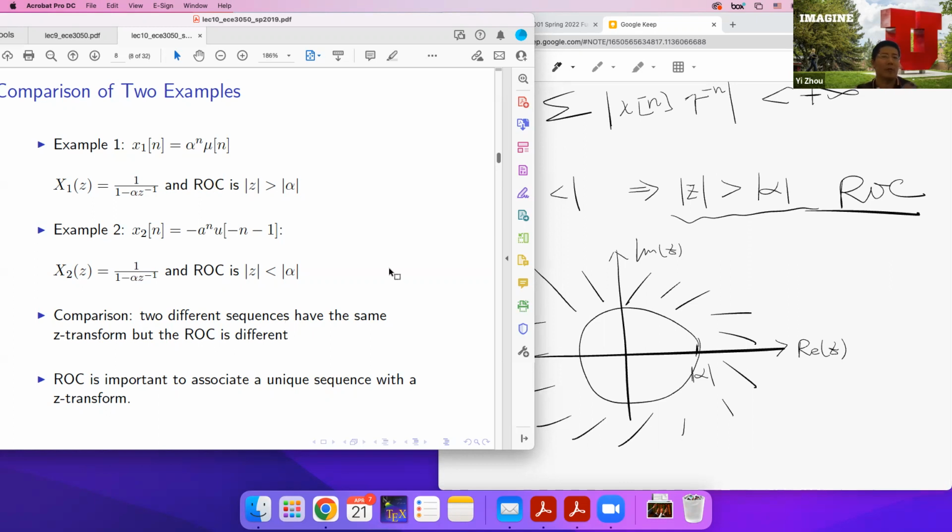So again, when we talk about the Z transform for discrete signals, the most important thing is the region of convergence. And these are the pairs of Z transforms that you can utilize to do the homework or the exam. Later we will use them to find the inverse.